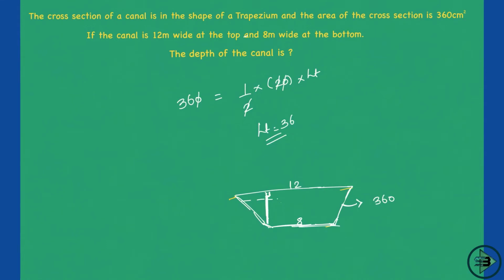You fill in water here, okay, and you fill in water from here. So if you ask me, this was the bottom of the canal, this was the top of the canal, what will be the area of this cross section? That will be this. So what will be the depth? That depth will be nothing but the height, right? Okay, and that's 36. That's how easy it is to reach the answer.